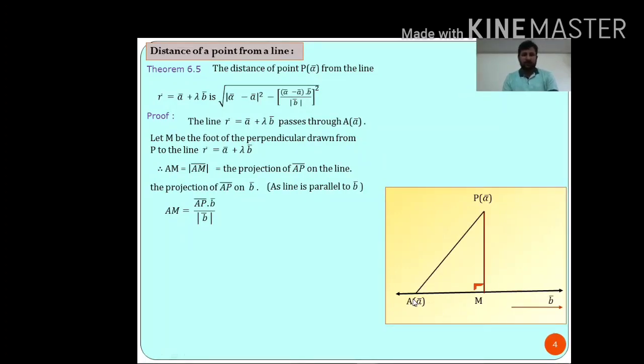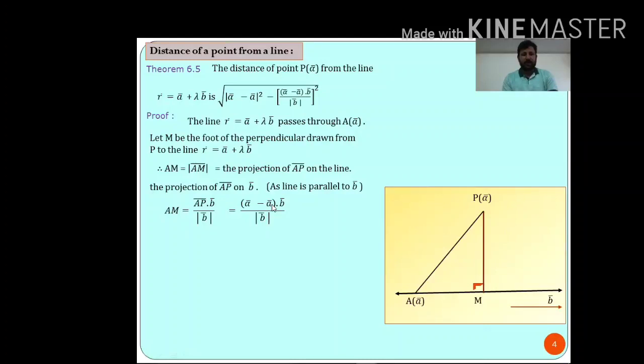The position vector AP bar can be expressed as alpha bar minus A bar. So replacing the value of AP bar, we get alpha bar minus A bar dot B bar divided by magnitude of B bar. Next step, observe triangle AMP.